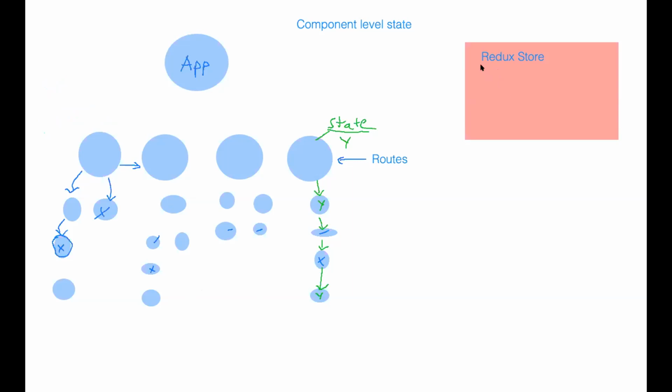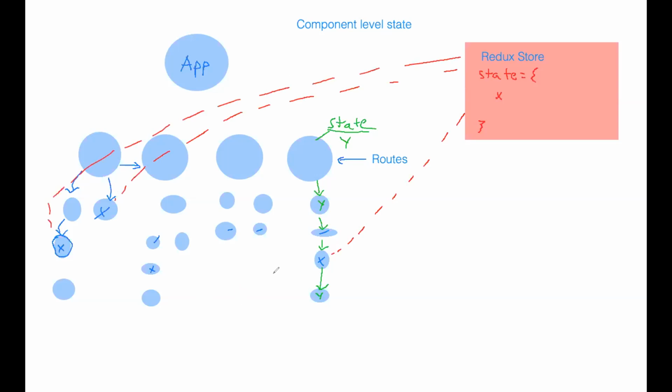Let's do this. We've got state is going to be a single object. And we've got property X here. And what we're going to do is Redux is going to share that state with any component that needs that data.